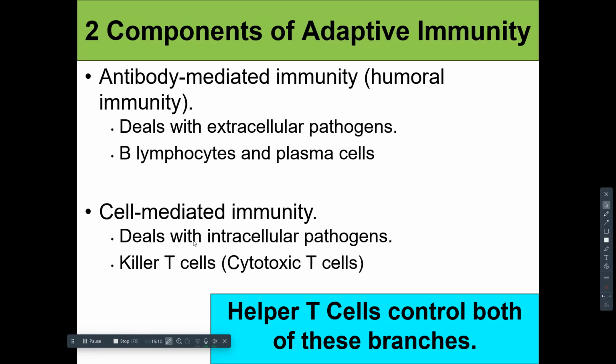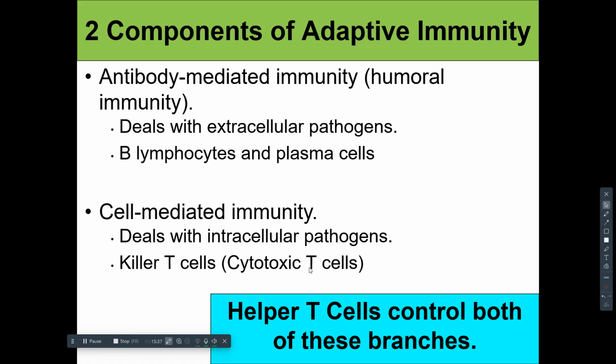Now, it stands to reason that if we have one branch to deal with extracellular pathogens, we'll have another branch to deal with intracellular pathogens. So bacteria or viruses that have invaded our body cells. And this branch is called cell-mediated immunity. And the primary actor in this branch are the killer T cells, aka the cytotoxic T cells.